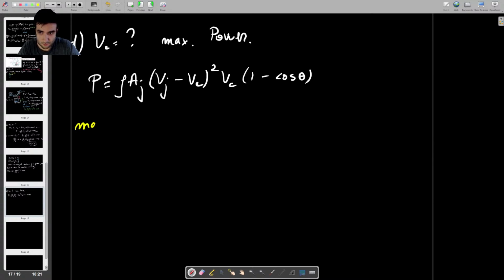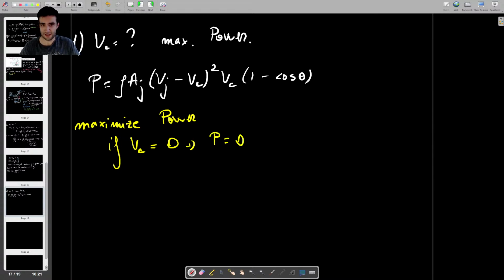Our goal is to maximize power, and clearly the same approach as before is not going to work, because if you make Vc 0 like before, then you're not delivering any power, because power involves moving things. If the thing is stationary, then you're not really adding any power to it.